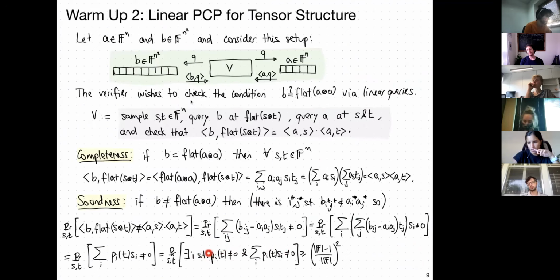Each one of them will fail with probability 1 over F. It's like always with union bound, one has to be careful. The probability of the bad event is 1 over F, the probability of the good event is 1 minus that, so it's F minus 1 over F. And then I have these two independent events, so they are squared.